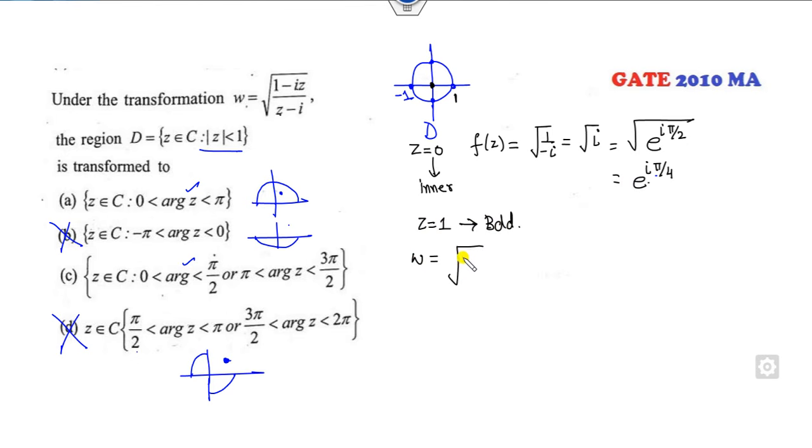What is that? This is 1 minus iota divided by 1 minus iota, so it comes to be 1. So if we write, what is the argument of this? If w is my 1, what is the argument of this? I can write this as 0.